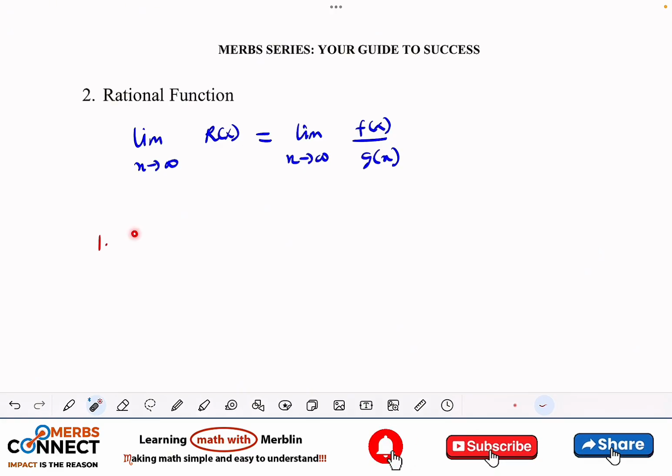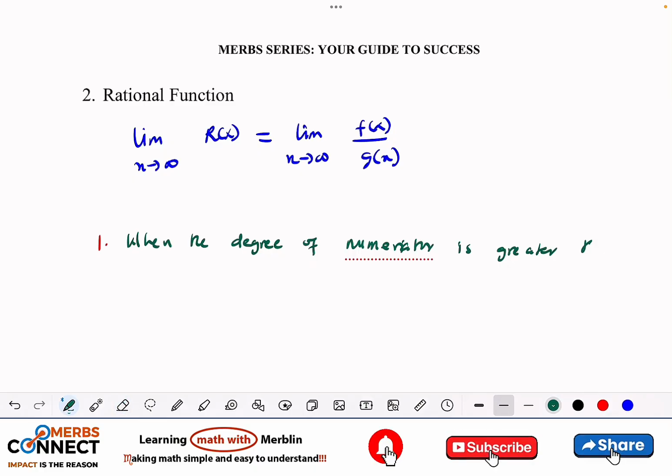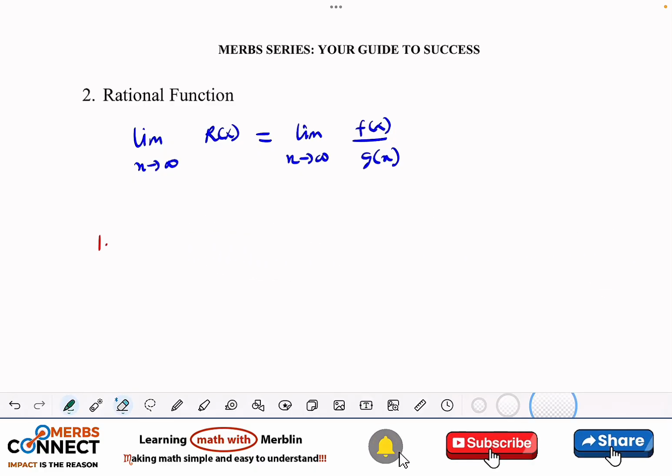When the degree of the top, so when the degree of the numerator is greater than, let me write it mathematically.